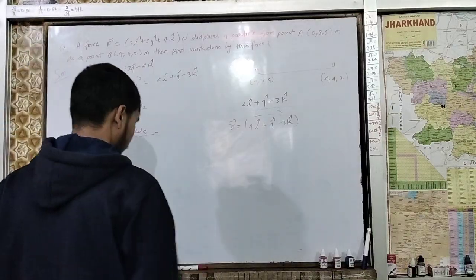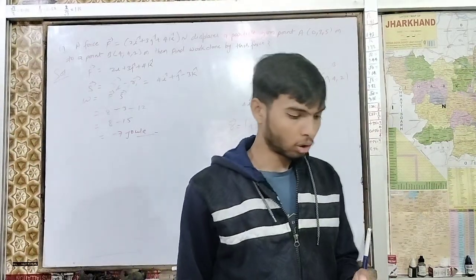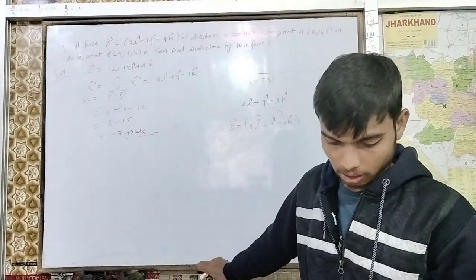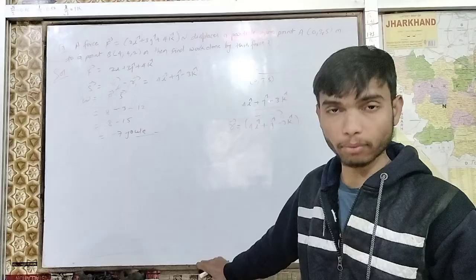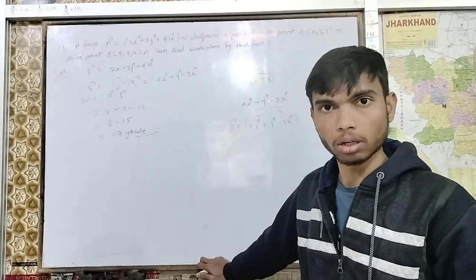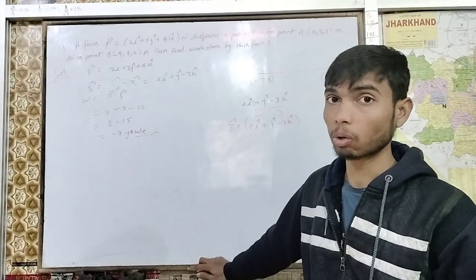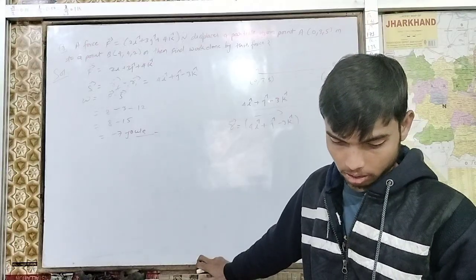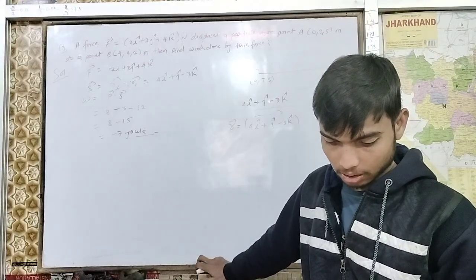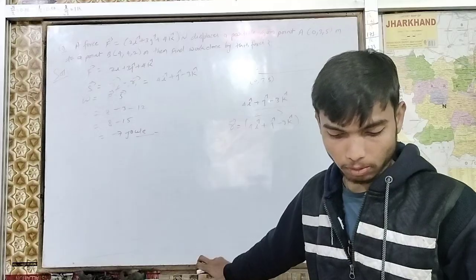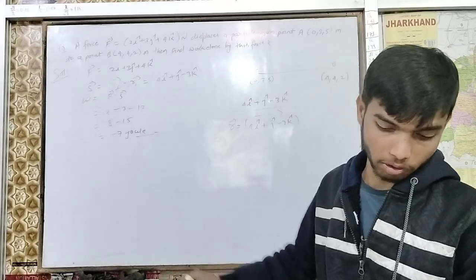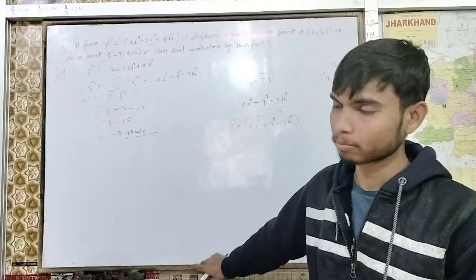Okay. Whatever we saw, the force was constant. Now work done by a variable force. Now we are going to take a force which will be variable. When the force F is an arbitrary function of position, we need the techniques of calculus to evaluate the work done by it.